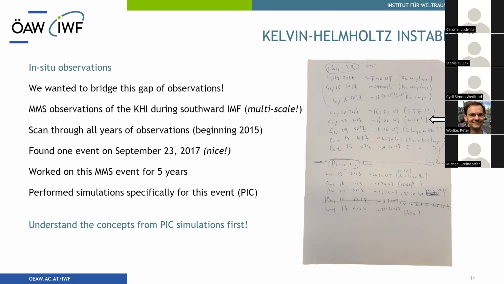Nice. So that's basically following me now for 6 years. And we also performed simulations for this event, not only observations. And it's much easier to understand these concepts from pictures. First, we will understand everything from the PIC simulation, and as a final step, I can show you the spacecraft observations.